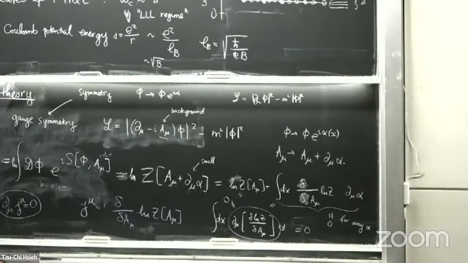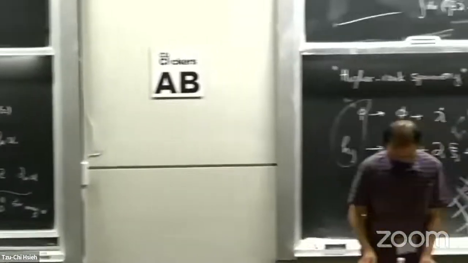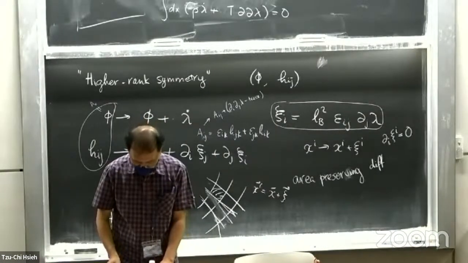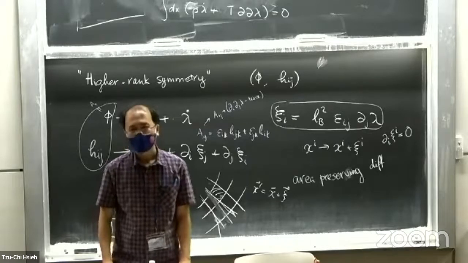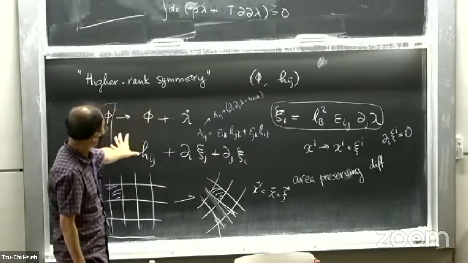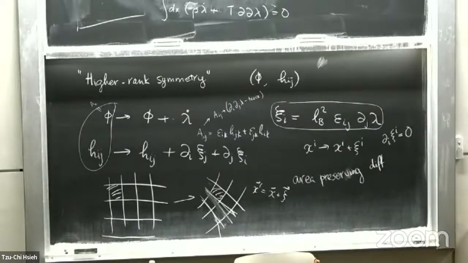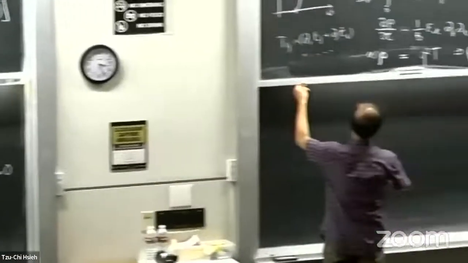So I have very little time left. I'm going to just give you a brief description of what we are going to do next. We're going to try to relate this symmetry to the symmetry of the theory that has been written down.